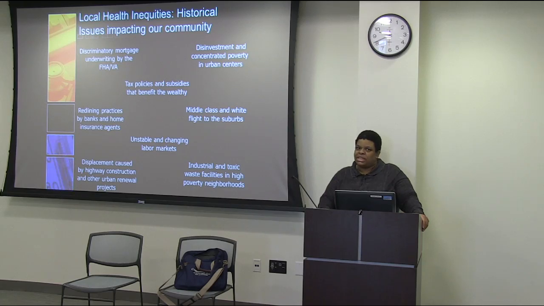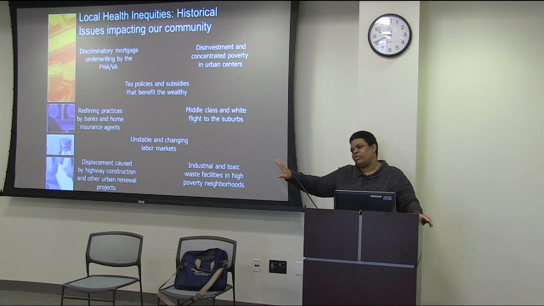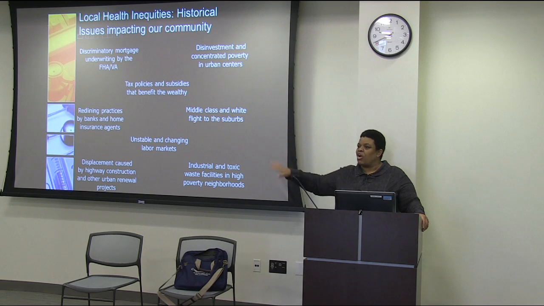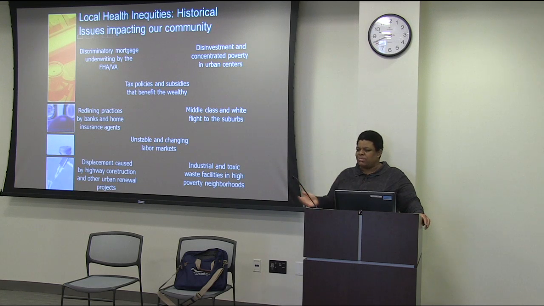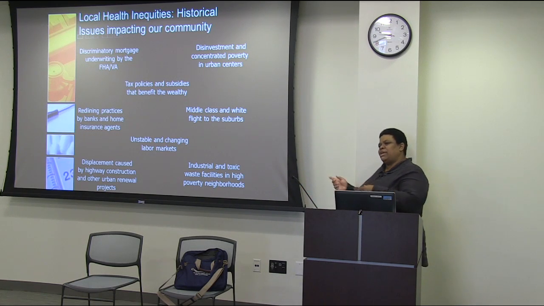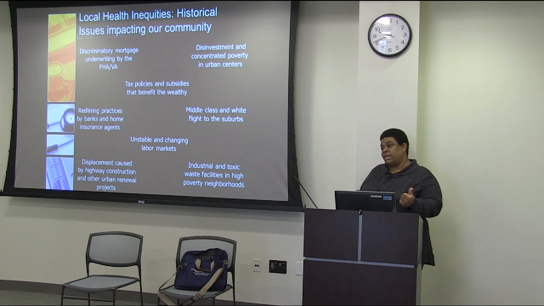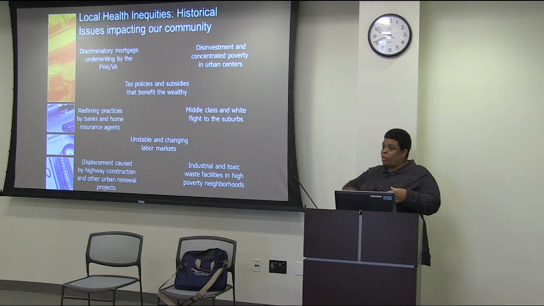But the one thing we don't think about is that when people with resources move to the suburbs, they have the resources to sustain living out there. They have cars, they have good jobs, so it doesn't make a big deal that maybe it takes me 30 minutes to get back into town to my job. But when poor people get displaced, they don't have the resources to get back into the city to have access to their jobs.